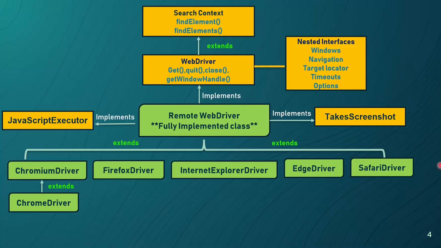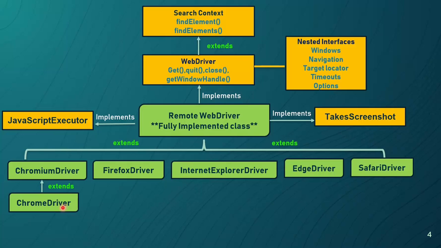So this is the hierarchy of Selenium classes and interfaces, in which we have the super interface, the search context. Then we have the WebDriver interface, which includes nested interfaces with many abstract methods like windows, navigation, target locator, timeouts, options. Then we have the remote WebDriver, which implements the WebDriver interface, the JavaScript executor and the take screenshot interface.